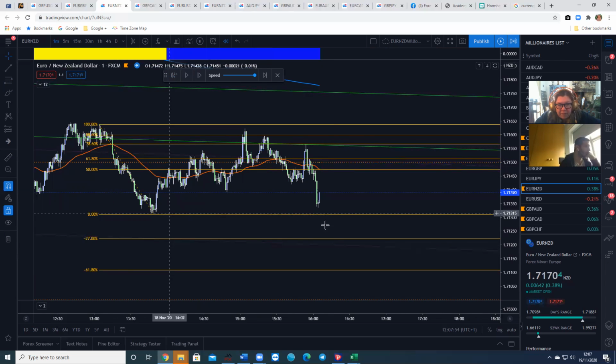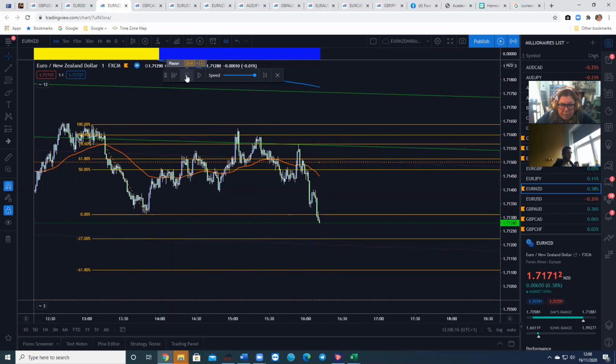Now once it hits down here, in effect, the fib has finished because it's always 100% to 0, right? So once it's hit the 0, you can't then use the same fib. It's a rolling situation, so you're going to have to move it. They're always evolving.